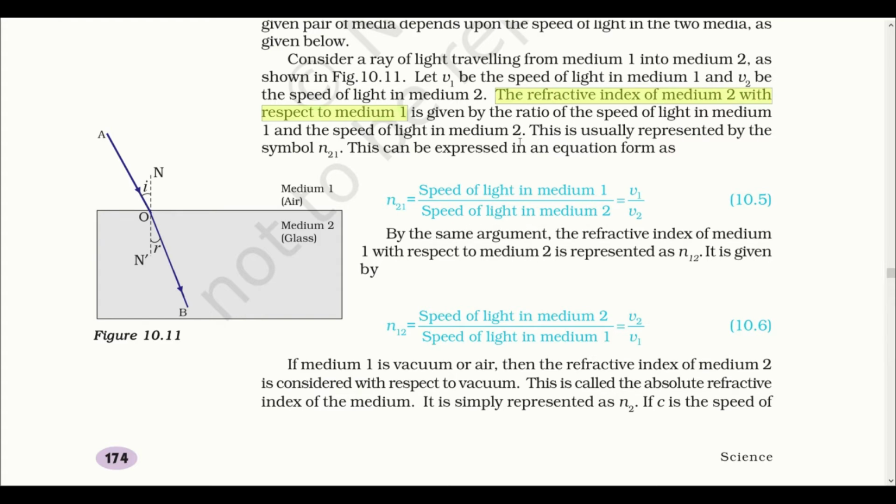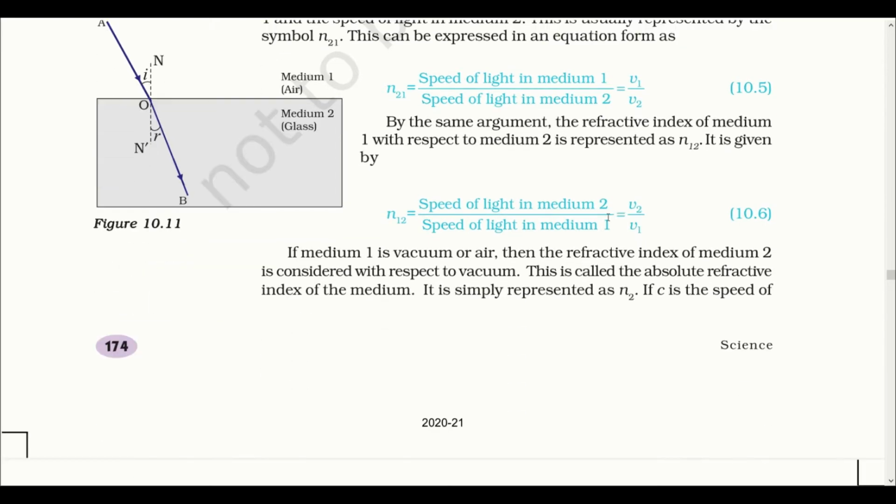So if you want the refractive index of medium 2 with respect to medium 1, you have to write the speed of light in medium 1 upon that in medium 2. But if you want the refractive index of medium 1 with respect to medium 2, then you have to write the speed of light in medium 2 upon the speed of light in medium 1.